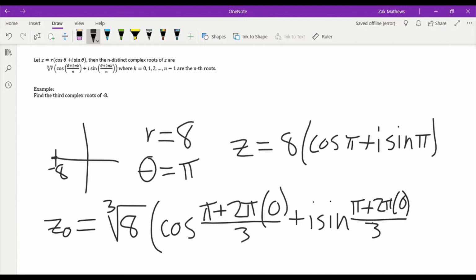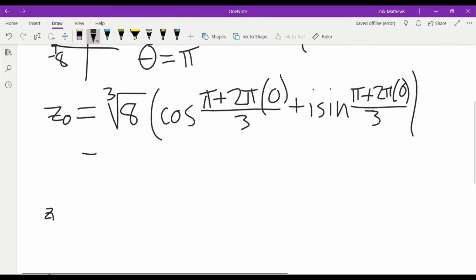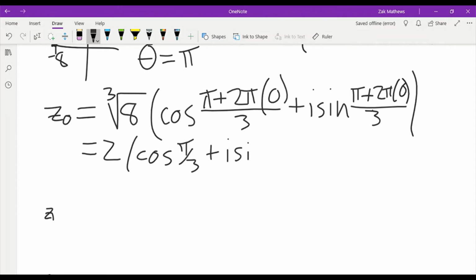If I start to simplify this, the cubed root of 8 is 2. 2 pi times 0 is just 0, so I'm going to end up with cosine of pi over 3. Sine has to be the exact same thing. And because we started in rectangular form, I'm going to put these numbers back into rectangular form.